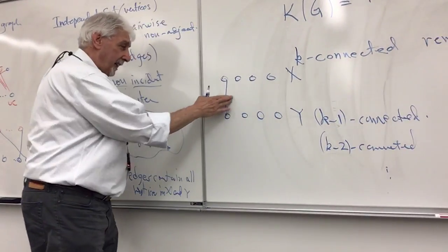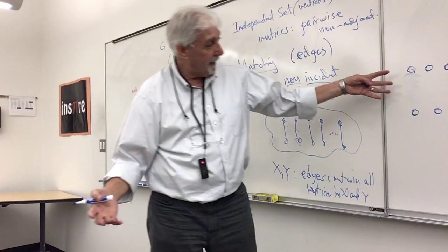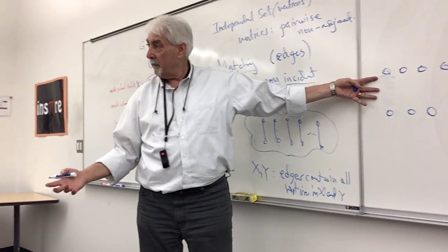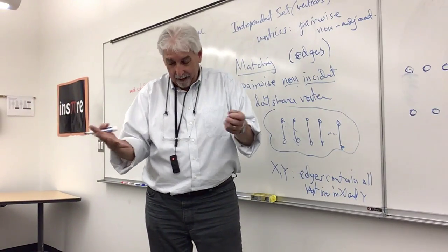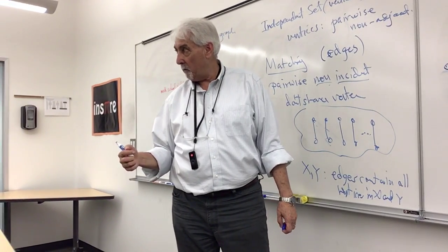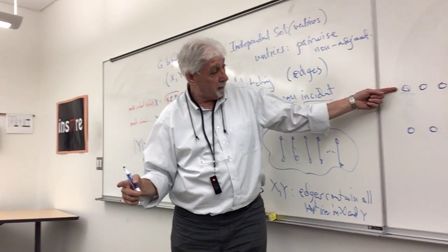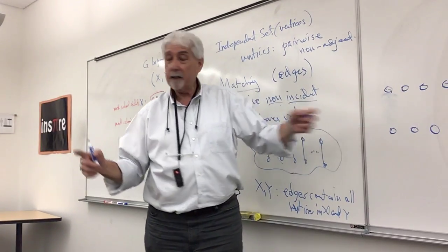So yes, even though X and Y are equal, but in fact, let me point out that if this is the whole graph, then I could reimagine X and Y and make X and Y not equal. What do I mean by that?